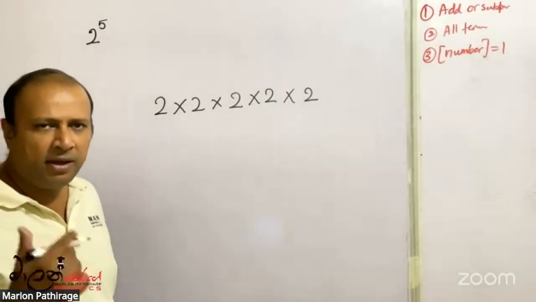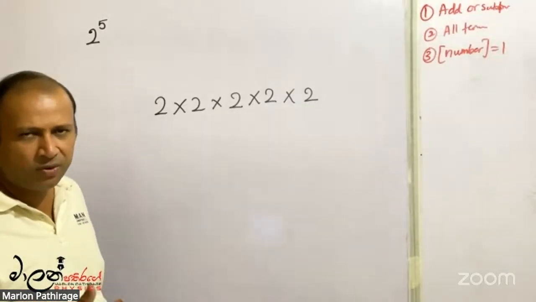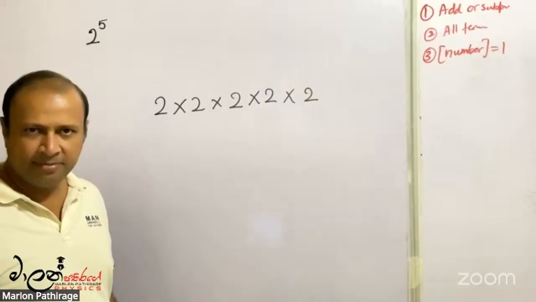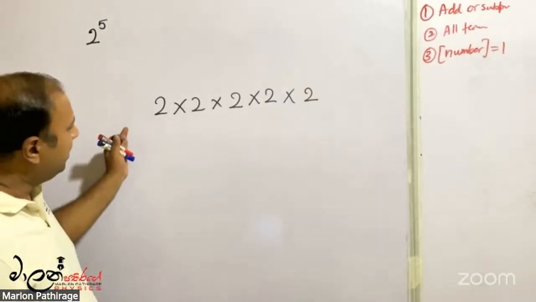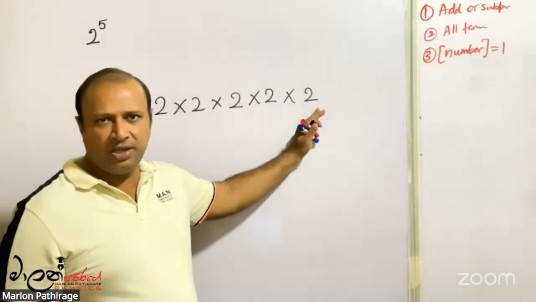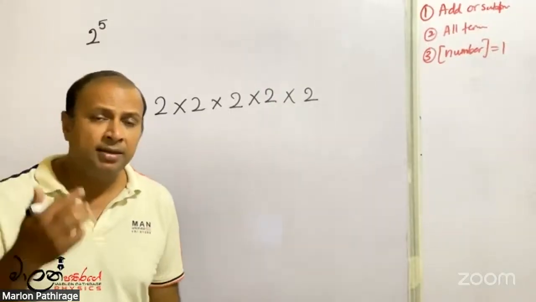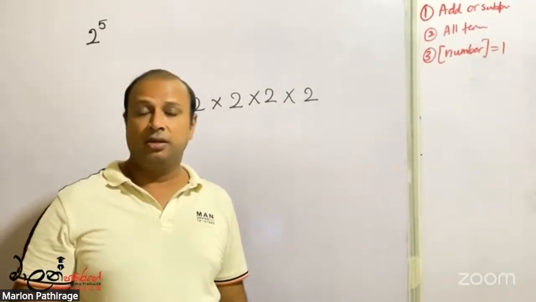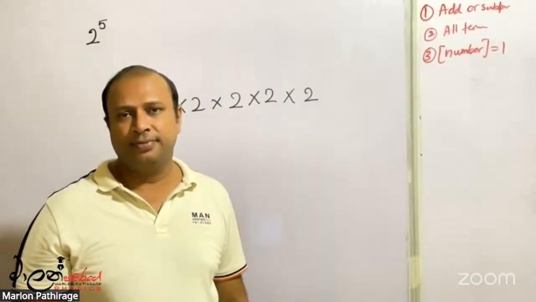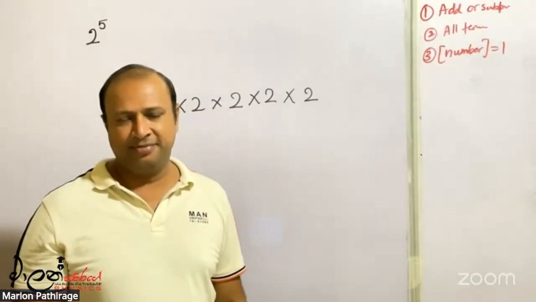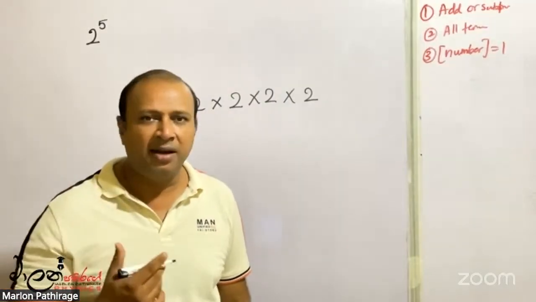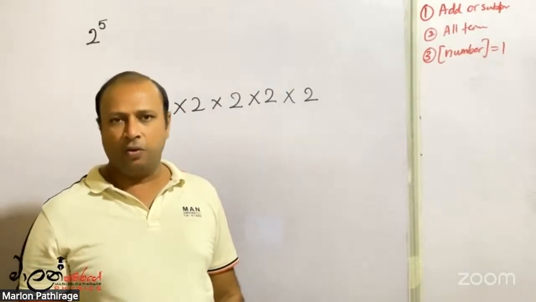Therefore, if we write this in this way, that is a very long way. Actually, there are only 5 here, but sometimes there may be 100 twos, or 1000 twos. How to write them? That is unnecessary.